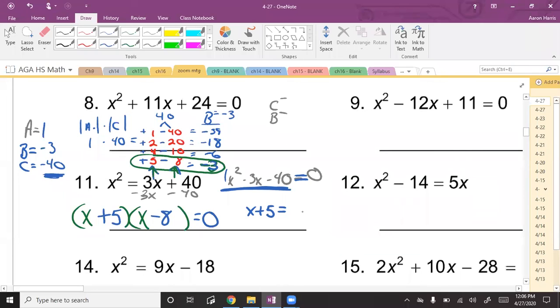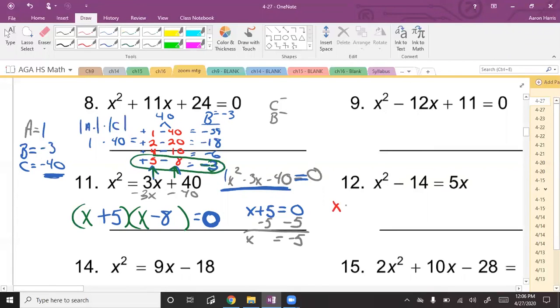So what do I want to do? X plus 5 is equal to what? Just put 0. Good. That's this 0 right here. So subtract the 5 from both sides. X is equal to what? That would be x equals negative 5. Good. Now you're going to get two answers.